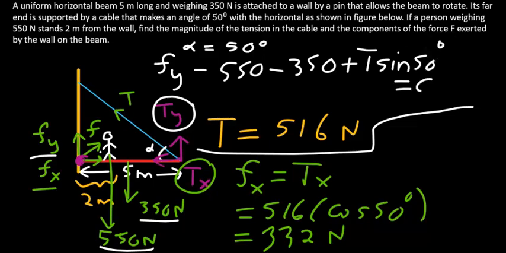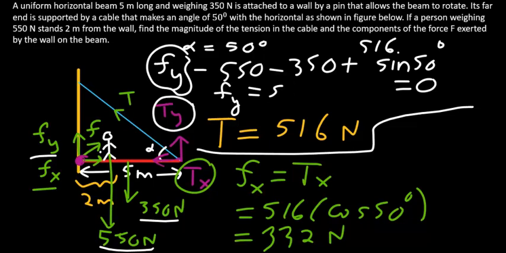And that should give you 0 from condition 1 of static equilibrium that states the net force along the y direction has got to be 0. Tension has been found to be 516, and you can solve for Fy. When you solve for it, you get about 505 newtons. And that solves the problem.